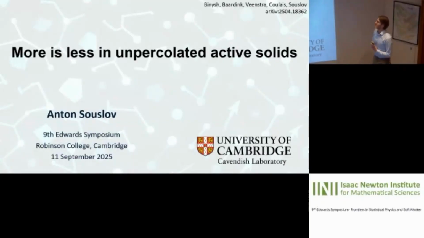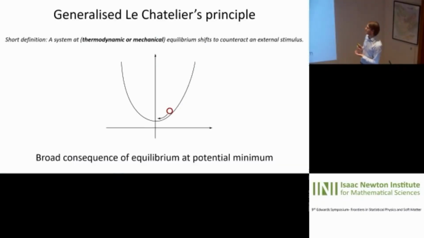The first thing I'll start with is why more is less is interesting to us. This has something to do with something old and probably very familiar to all of us, which is Le Chatelier's principle, which is often introduced in thermodynamics to say that a system at equilibrium shifts to counteract an external stimulus.